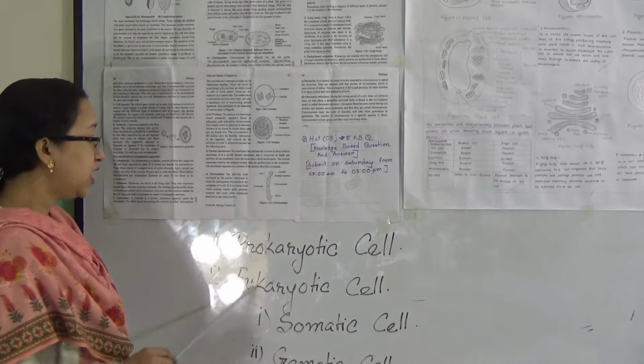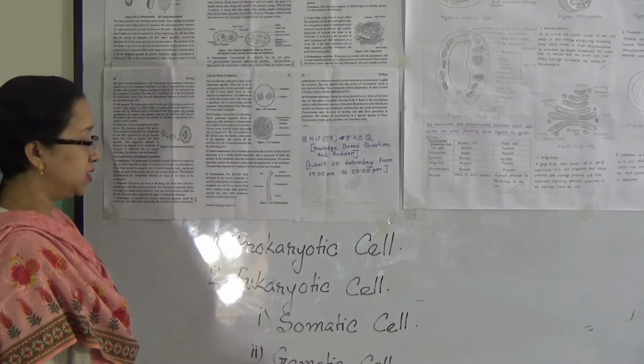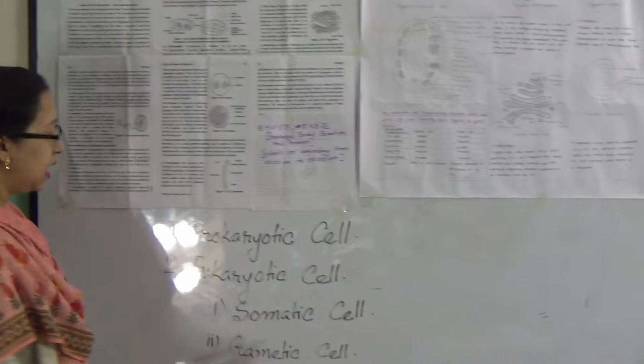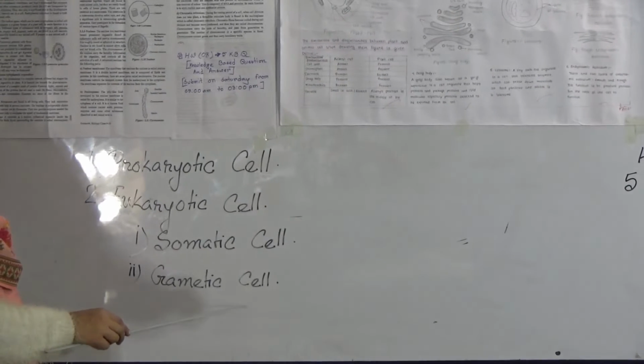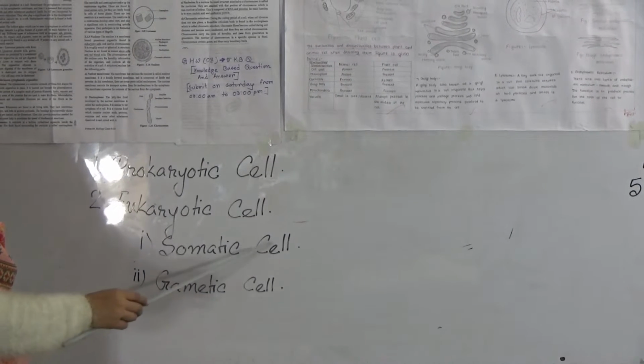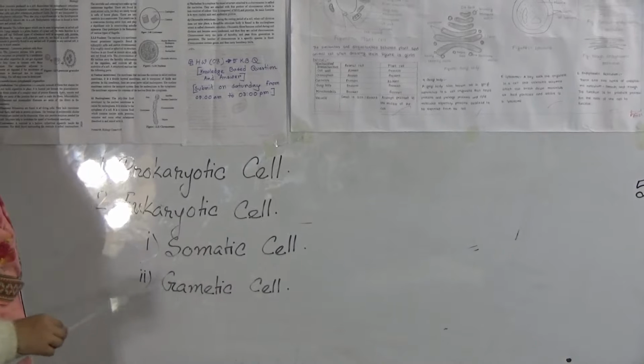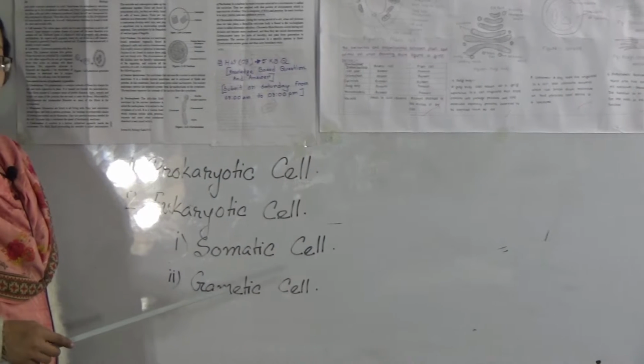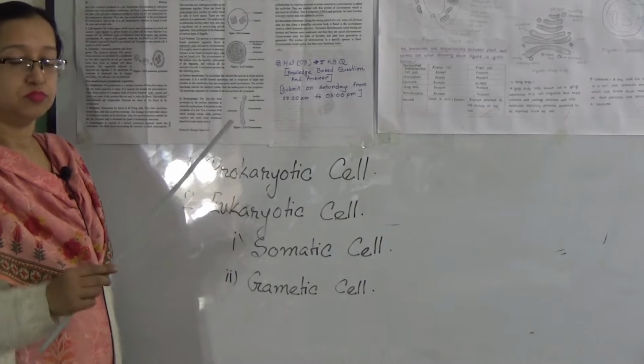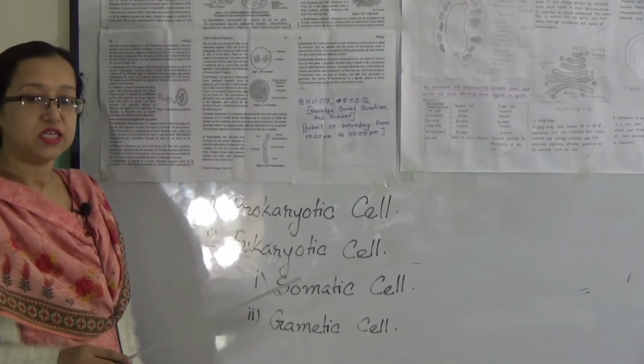Then the eukaryotic cell is divided into two parts: number 1, somatic cell, and number 2, gametic cell. Somatic cells are the cells which build our body organs and body, in plants and animals.